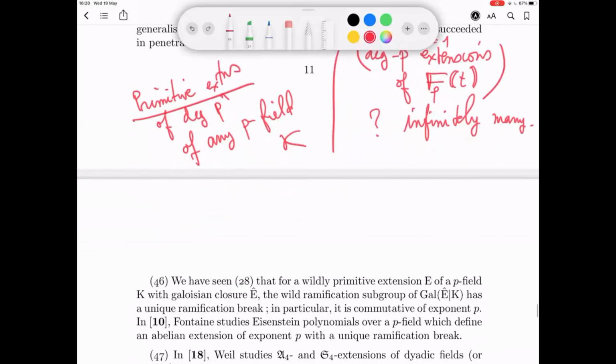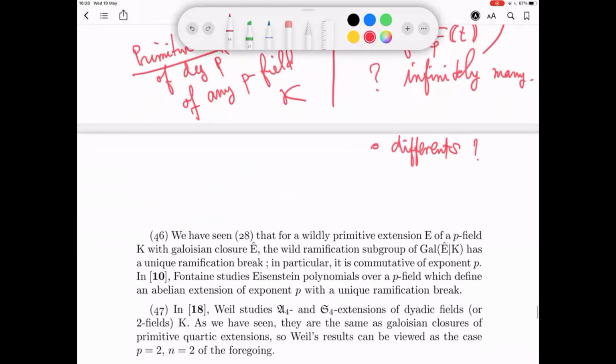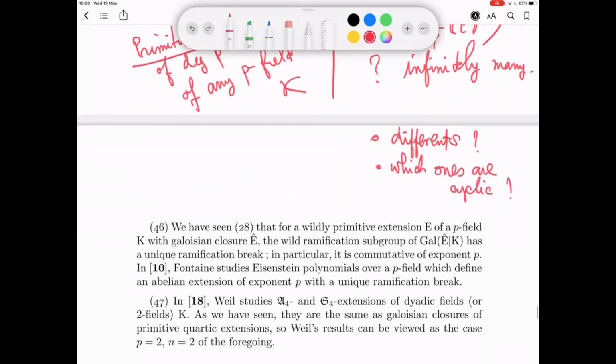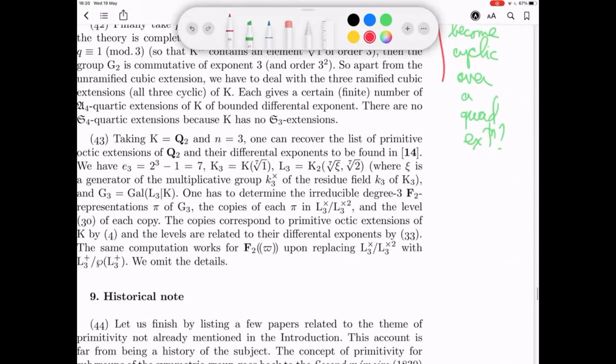But you can still ask, what are the differents, or the differential exponents, of all these various extensions? Which ones are cyclic? And all these things. You can ask all the analogous questions, right?